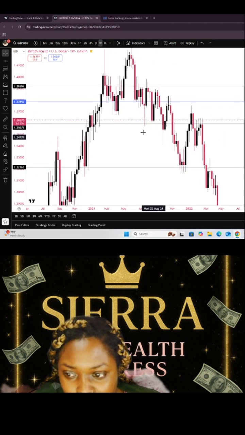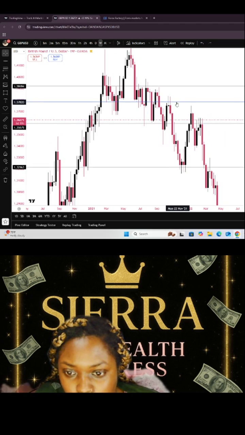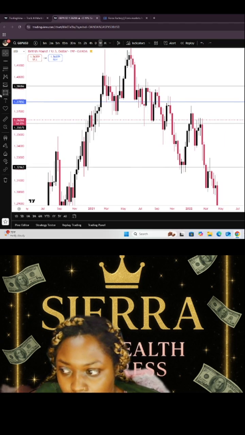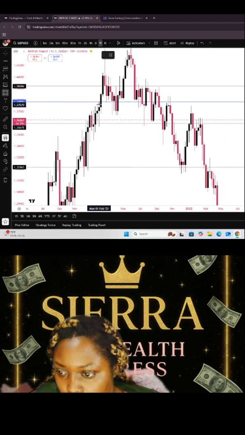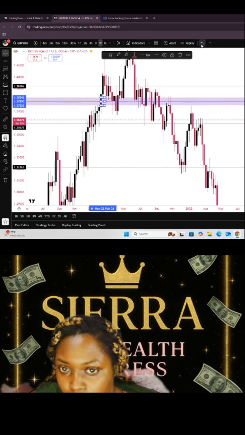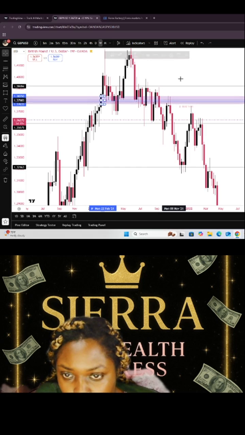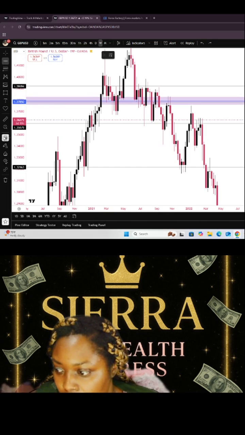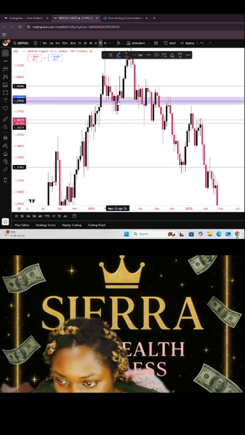And right on the dot, I see a fair value gap in between all of these candles here that touch this zone. I see a fair value gap. So I am going to put a fair value gap here. Okay, let's just do this and mark this as a zone.